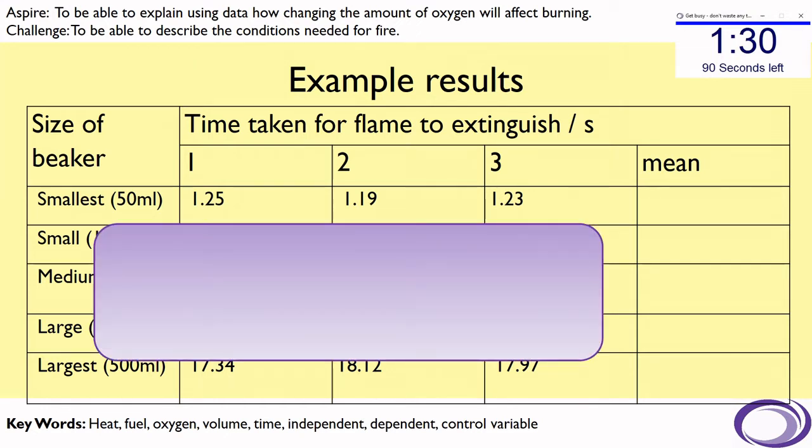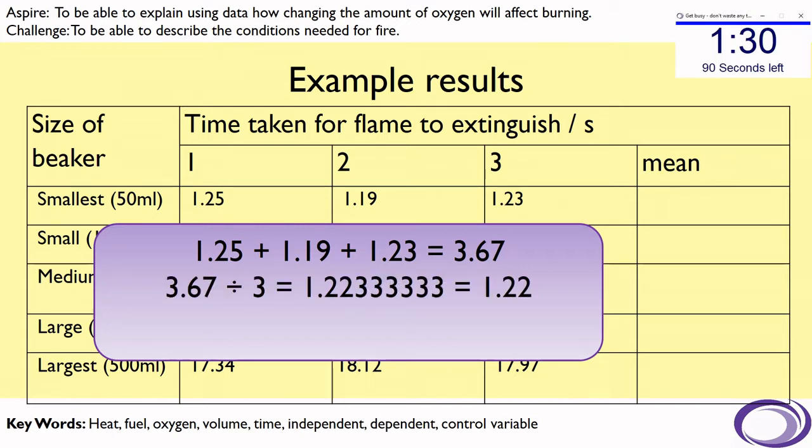So in this case, that would be 1.25 add 1.19 add 1.23, which equals 3.67, which gives us 3.67 divided by 3, and that answer is 1.2233333333. However, our stopwatch only measured to 2 decimal places. Therefore, our mean should only be given to 2 decimal places.